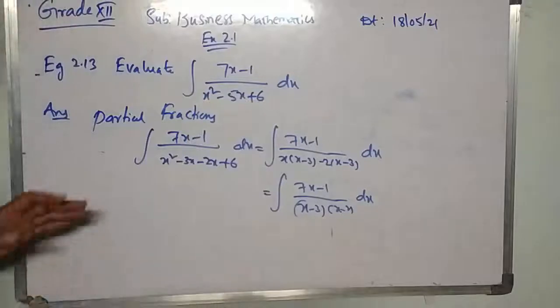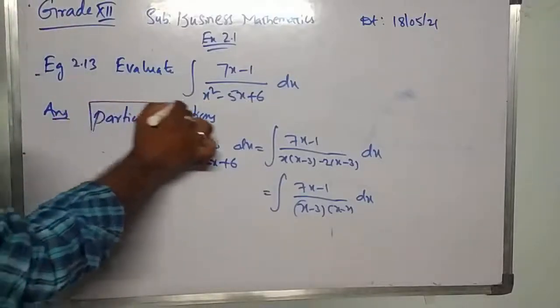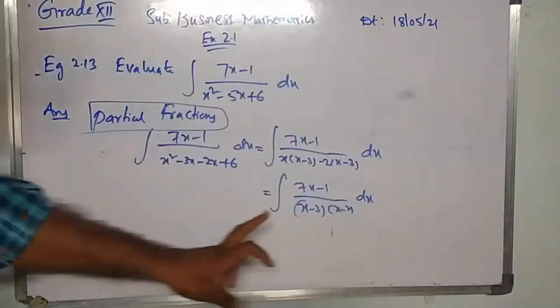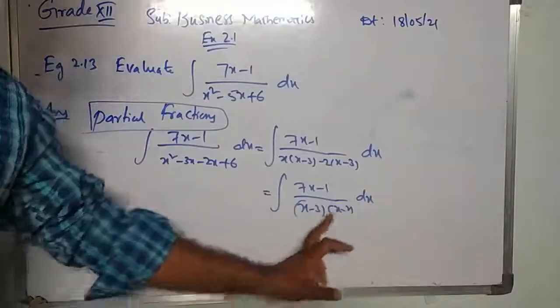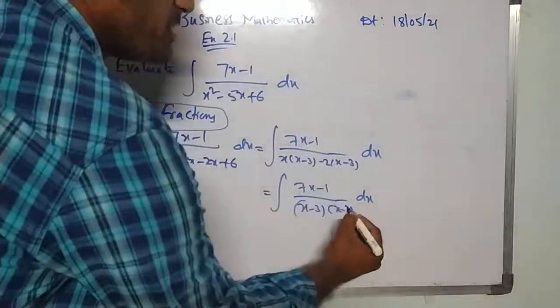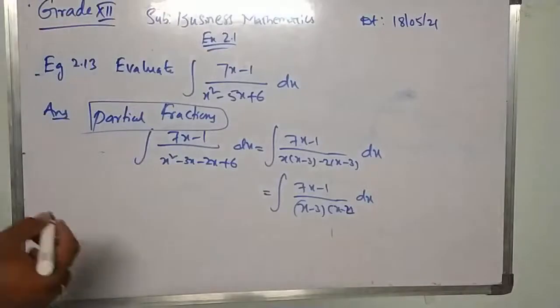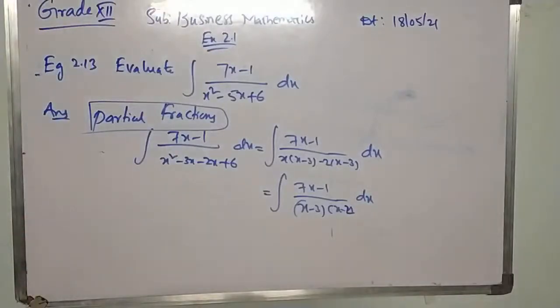Now the question arises of how to use this concept of partial fractions. If you see the denominator, we have two factors. Those two factors can be split with the letters A and B. How am I going to split here?